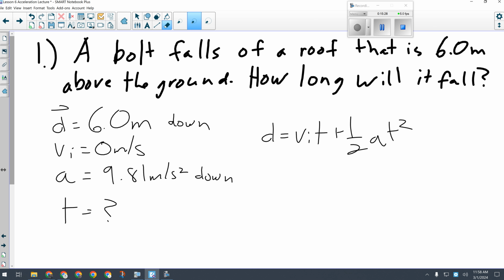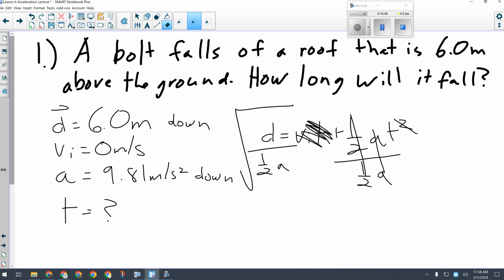Because since VI is 0, VI times T is 0. So I can just get rid of it. Right? Now I can say that D equals 1/2 AT squared. So I can solve for T pretty easily by dividing both sides by half of A, and then square rooting. Right? Now I'm solving for T.